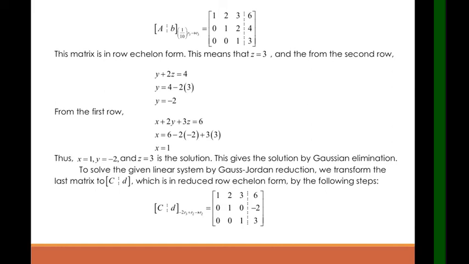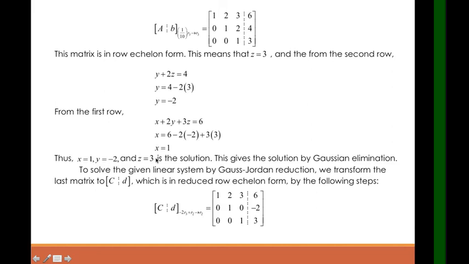So, yung na-solve natin dito, kapag nakuha na natin yung row echelon form, pwede natin siyang gamitin na, since meron na tayong value ni z, pwede na tayong mag-substitute. Okay? So, ito yung makukuha nating value ni y tsaka ni x. Ito yan, x equals to 1, y equals to negative 2, and z equals to 3.